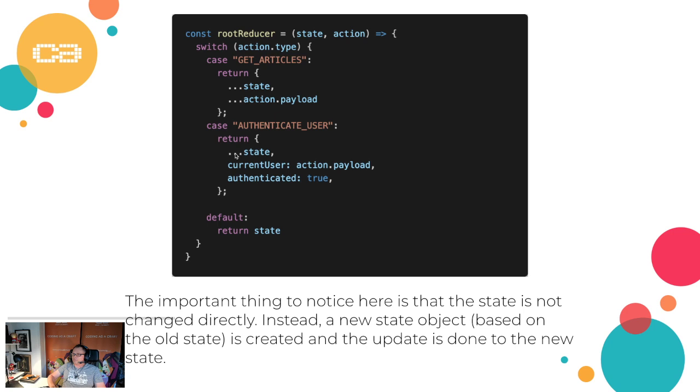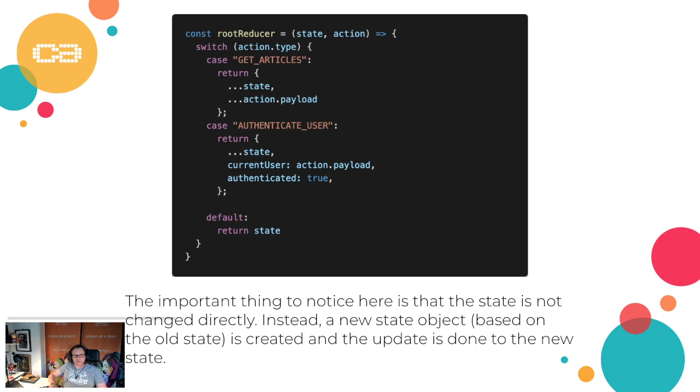And if you think that after a while your reducer grows out of proportion because you have 10, 15, 20 different actions that you are dispatching on various events, then you can split this reducer into sub-reducers, and then you use something called combined reducers.